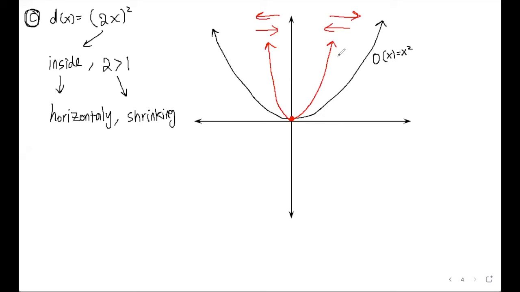So this is the graph for t of x equals 2x squared. Any question how to graph this function? The red one is 2x everything squared. The black one is the original function, x squared.